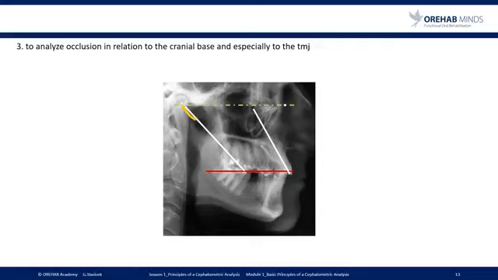Third, we want to use the Ceph to analyze occlusion in relation to the cranial base, and especially to the TMJ. Here the TMJ is visible on the Ceph, and we can import the condylographic tracing, the movement pattern, the trajectories of the hinge axis into the Ceph, and relate these parameters to occlusion.